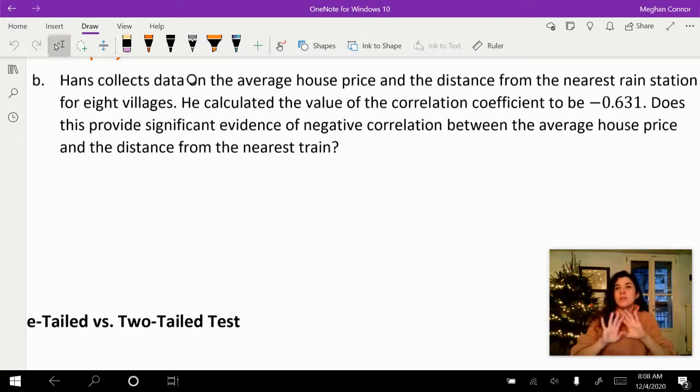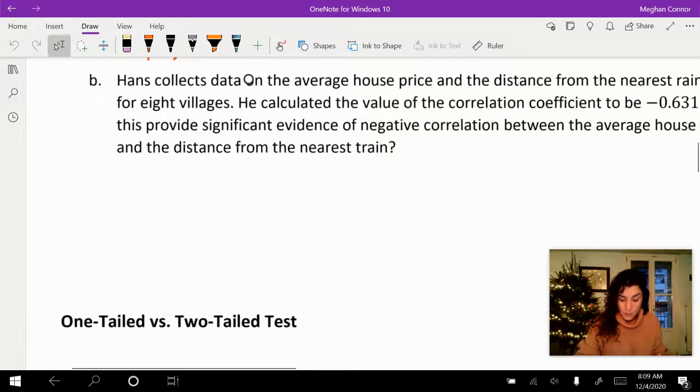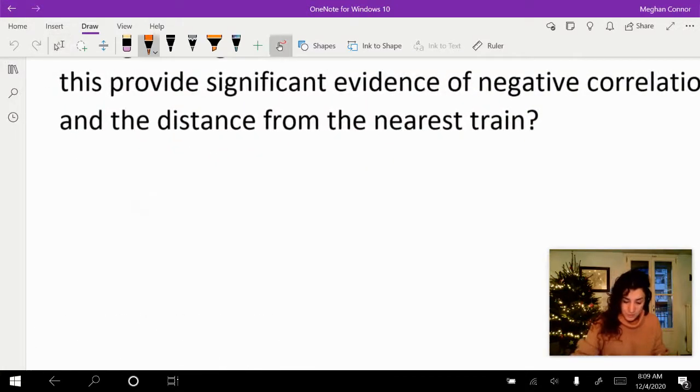So you're trying to disprove that the accepted normal is true. That accepted normal idea, the null hypothesis, is that there is no correlation.